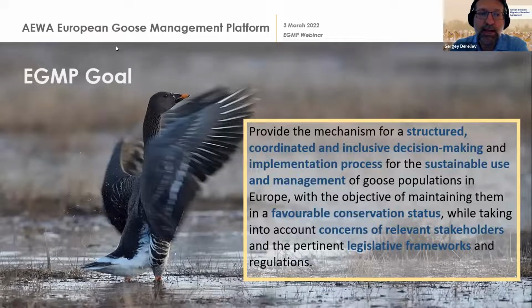And in this case, this does not only apply to AEWA. There are a number of those at national and regional level, such as the European Union Birds Directive and others.